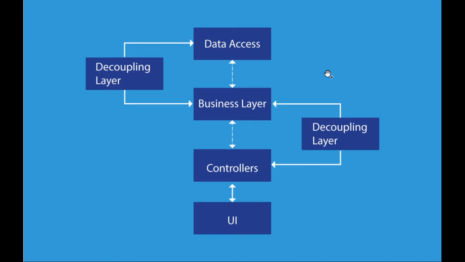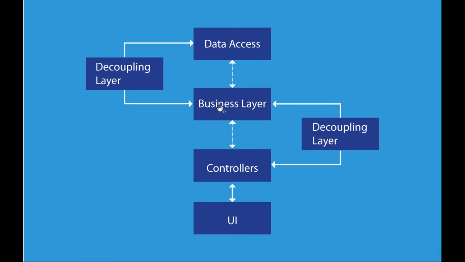So in this diagram, you can see it is the same entire diagram, and now instead of controller directly depending on business layer and business layer directly depending on data access layer, there is another layer that is introduced. We call it decoupling layer. Now the controller does not depend on the business layer directly, rather it depends on the decoupling layer, and this business layer uses this decoupling layer.